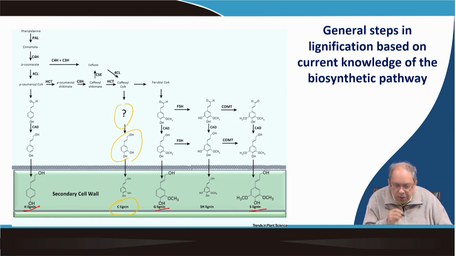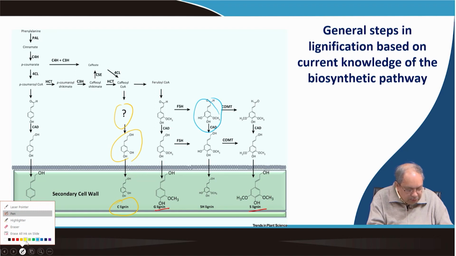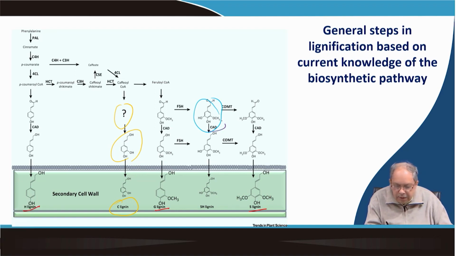This is the structure of 5 hydroxyferulaldehyde. 5 hydroxyferulaldehyde is already produced in the pathway, and one requires only a specific CAD, which converts 5 hydroxyferulaldehyde or coniferaldehyde into this 5 hydroxy coniferyl alcohol. This is 5 hydroxy coniferyl alcohol.